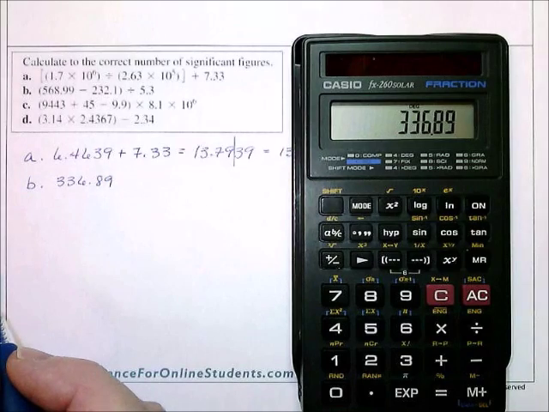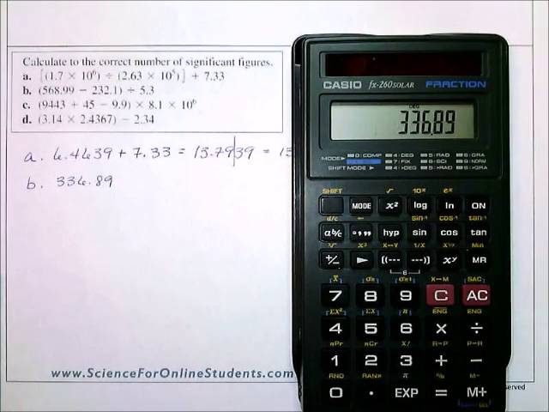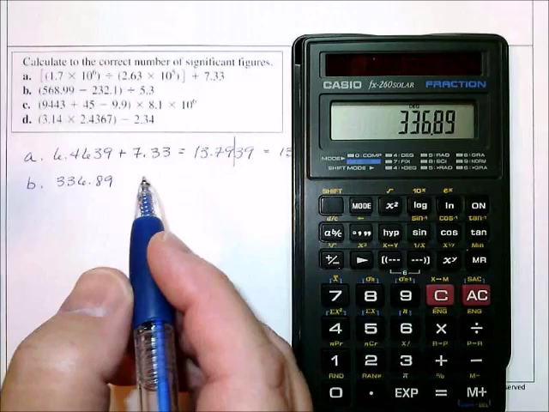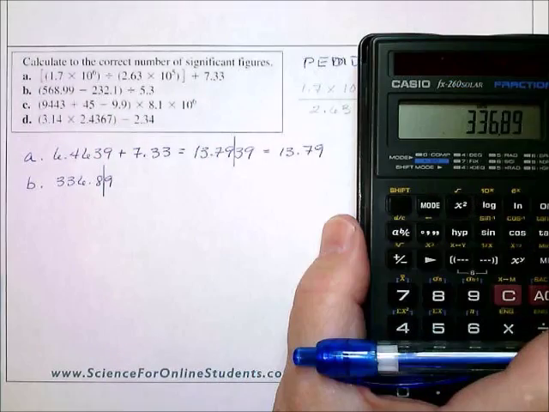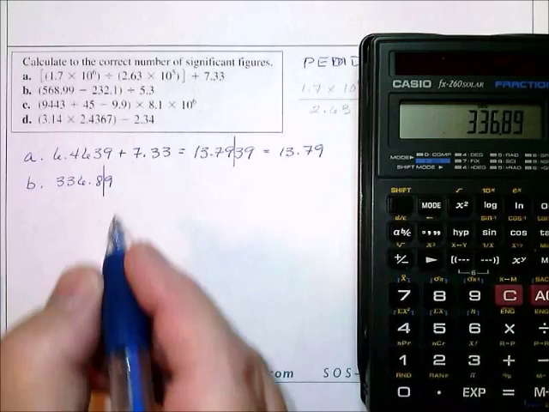But is that where we leave it? No, we have to round to one decimal place. This kind of a problem we wind up rounding twice, which is not ideal.